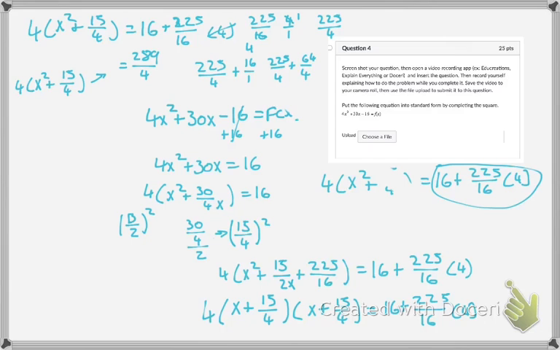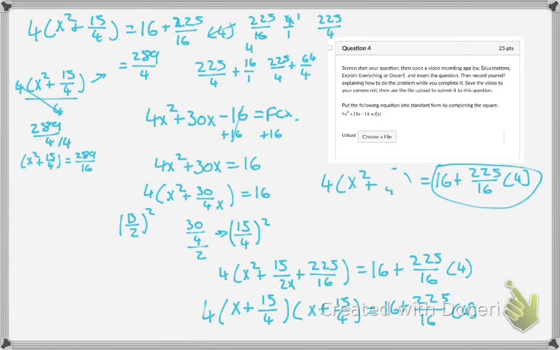So you divide by 4: 289 over 4 divided by 4, multiply by the reciprocal, and you get 289 over 16. So let's write that out again: (x plus 15 over 4) squared equals 289 over 16.